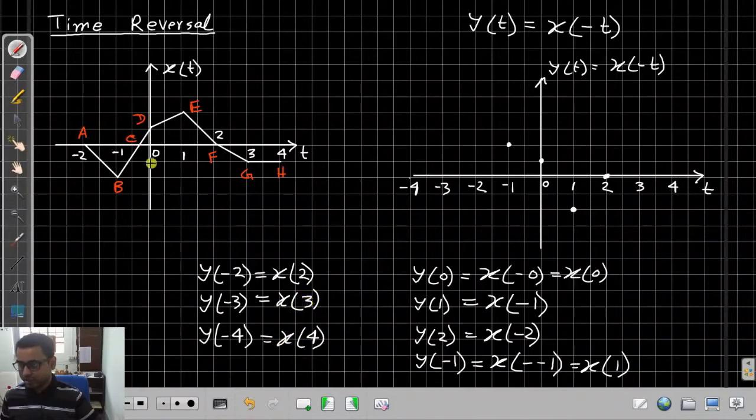Now x(3) is minus 1, so here we will put minus 1, and x(4) is also minus 1. To get the value here, x(2) is 0. So these are the points. Now let us join them like this.